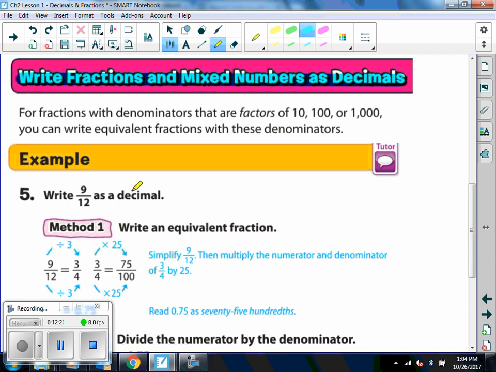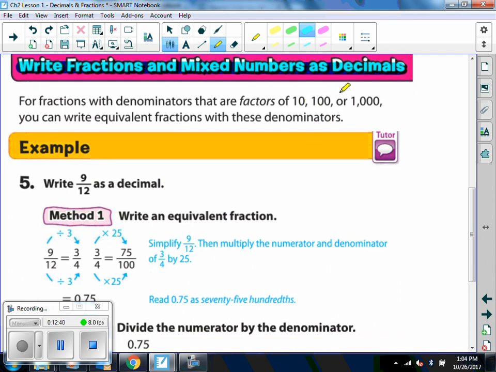So if the denominator of the fraction is not 10, 100, or 1,000, sometimes we can change it. And we change it by using our ratio tables. Remember our ratio tables where we scaled back and scaled forward? Okay, we can change the fraction so that we have a 10 or 100 or 1,000.